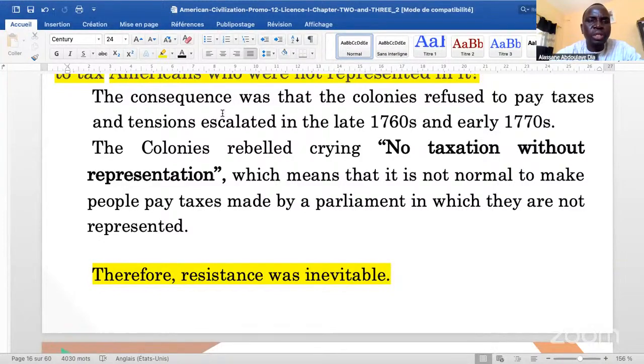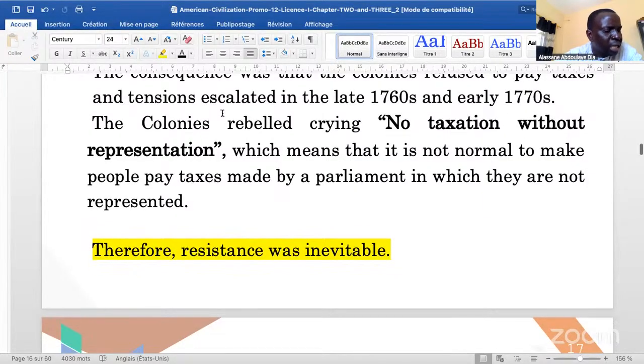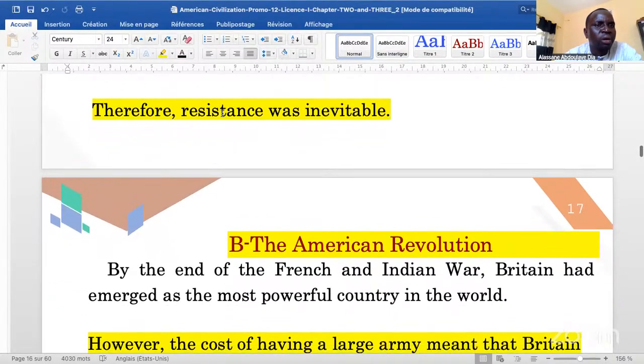It means that it is not normal to make people pay taxes made by a parliament in which they are not represented. So this means that the colonies did not want to pay taxes to a parliament that does not respect them, a parliament where they are not represented.